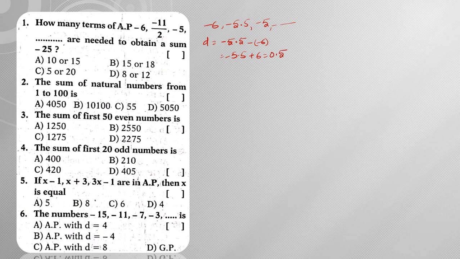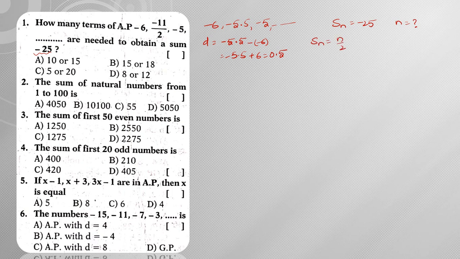So the common difference is 0.5. Now what is he asking? He's asking how many terms are needed to obtain the sum as minus 25? That means Sn is equal to minus 25. Then what is the value of n? Now, directly obtaining it by substituting the values in the formula. So what is the Sn formula?